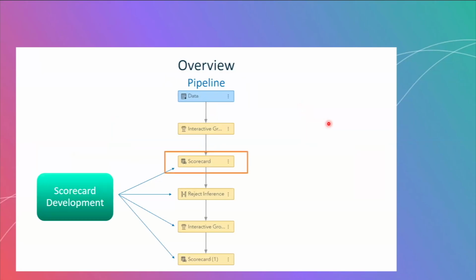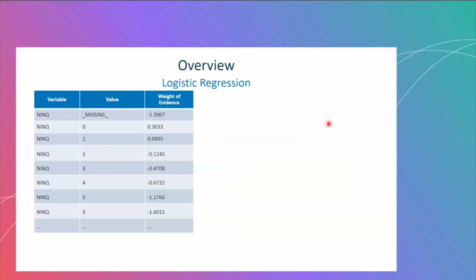Generally, the default is logistic regression that gets utilized as a model for building the scorecard. However, there is a possibility of using any other model also, which is a machine learning model, supported in this tool.